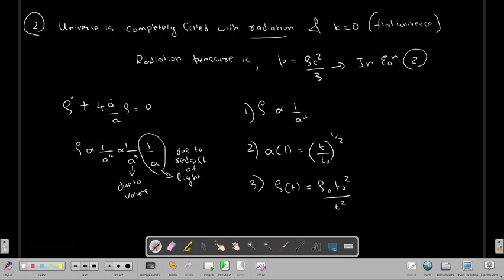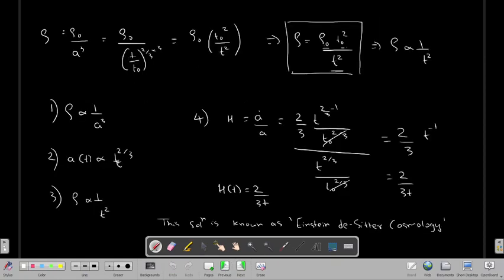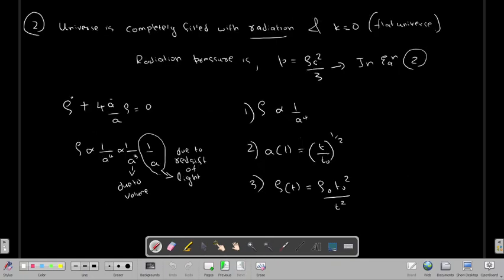See, here you can figure out that the variation of scale factor with respect to time in a radiation filled universe is changed. Here it is now t raised to power 1 by 2, and in the earlier solution, when the universe was dust dominated, it was t to the power 2 by 3. So the variation of scale factor with respect to time is changed. The variation of density with respect to the scale factor in the earlier solution was 1 by a cube. In our solution, it is 1 by a4.